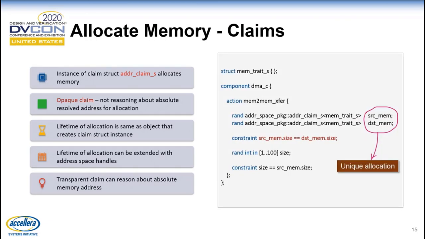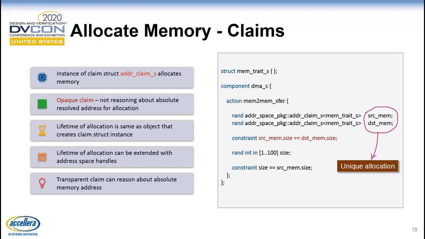This is a simplified DMA model, and it has an action, mem-to-mem transfer. And then you see we have this address claim struct that we are creating, just the fact that it's in the action, and you have a source and destination memory. Now, when this action gets used as part of some bigger scenario, the source and destination memory gets allocated by the PSS tool, and they will be unique by definition.